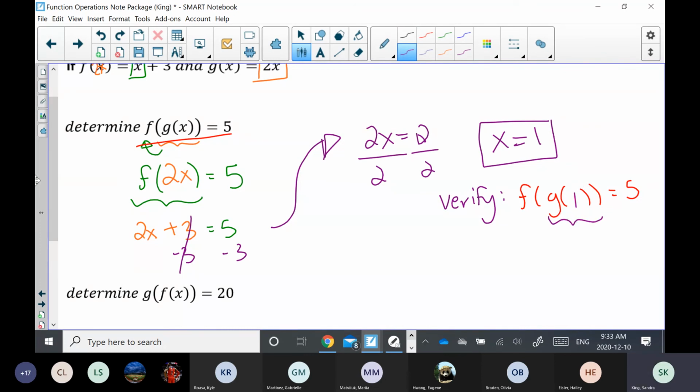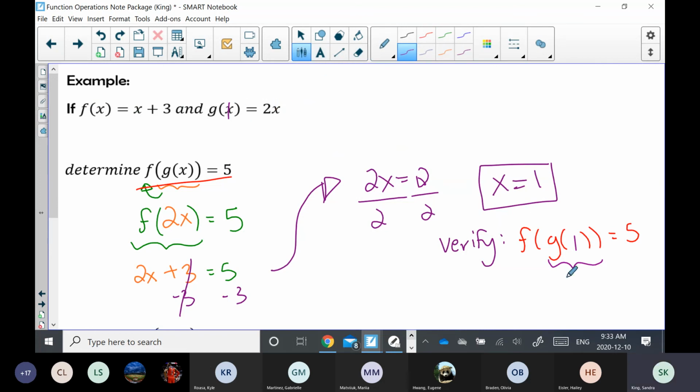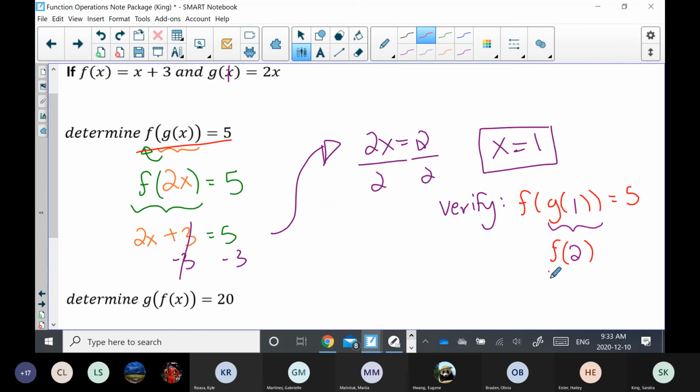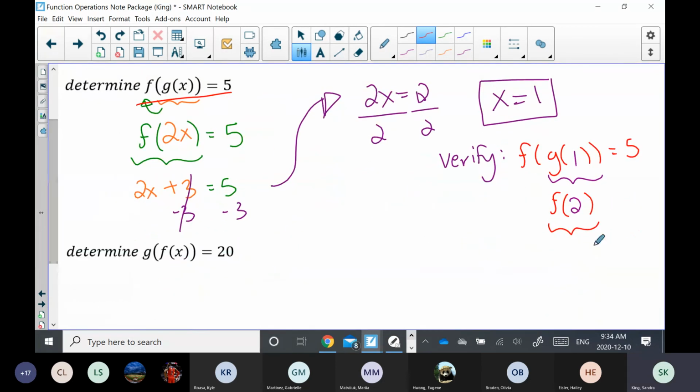So the g of 1, 2 times 1 is 2. That gets input into your f. What is the f of 2? 2 plus 3 is 5, which is equal to 5. And you'd say left side is equal to right side. It verifies.